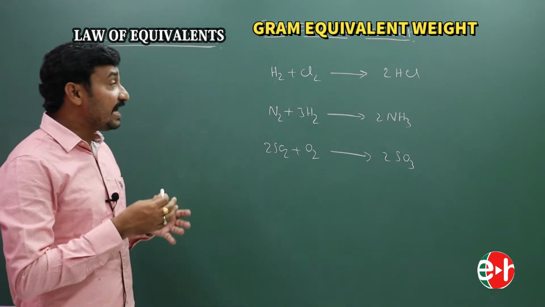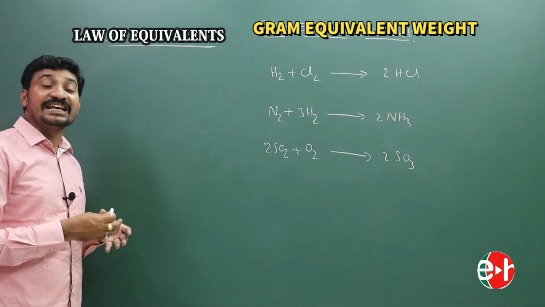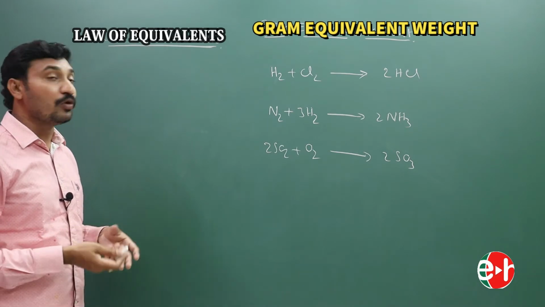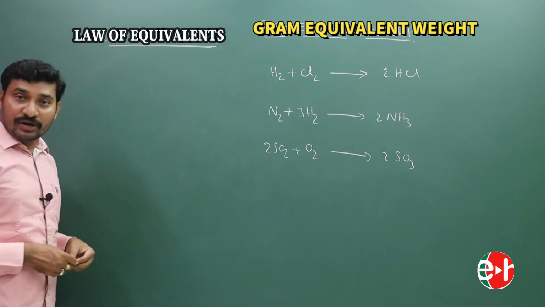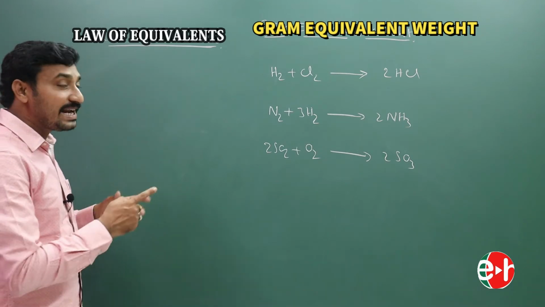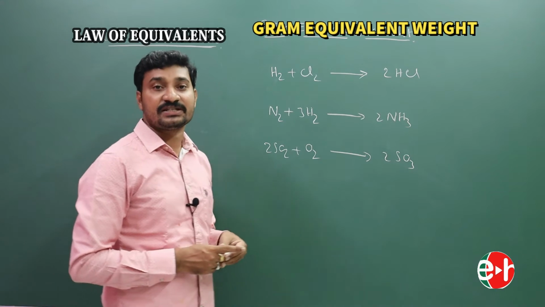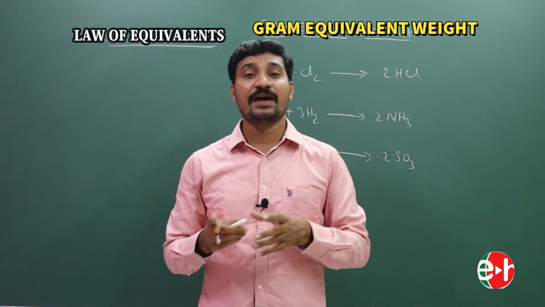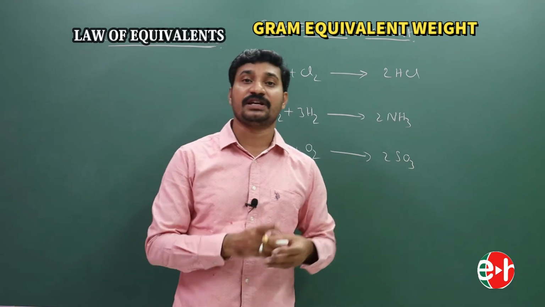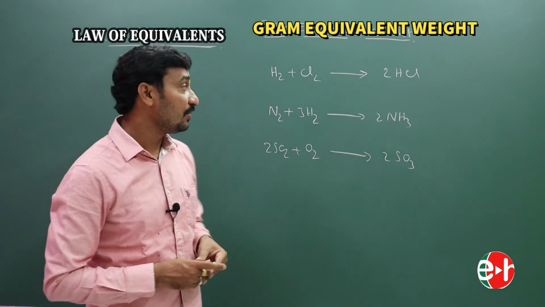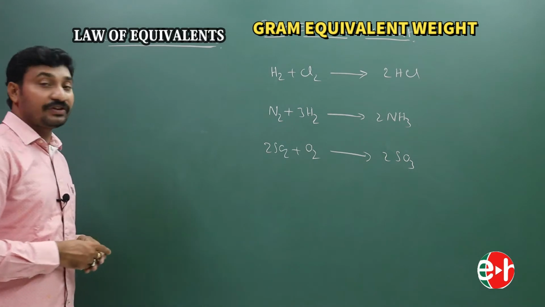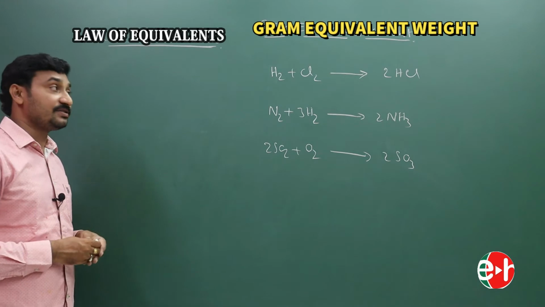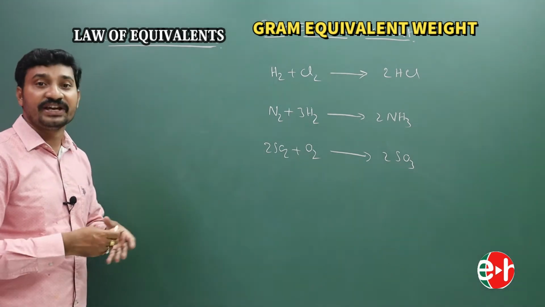That means reactants combine in their equivalent or gram equivalent weight, not in moles. According to the law of equivalence, 1 gram equivalent of any reactant exactly combines with 1 gram equivalent of another reactant.